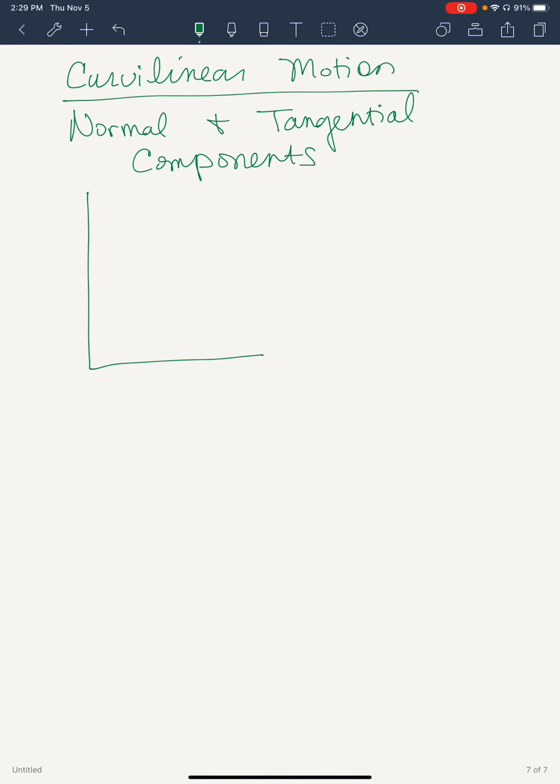And with this, we basically have a particle, and we have the tangential acceleration, which is tangential to that path, so a sub t. And then the normal acceleration is towards the center of that curve.